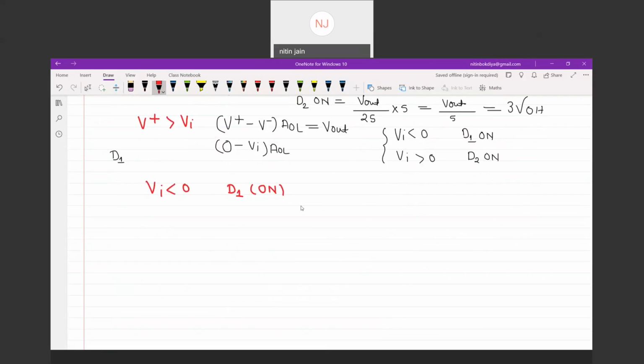For this condition, this is V out, this is Vi, and since D1 is on, you can say a combination of 5 kilo ohm in series with 10 kilo ohm is connected.